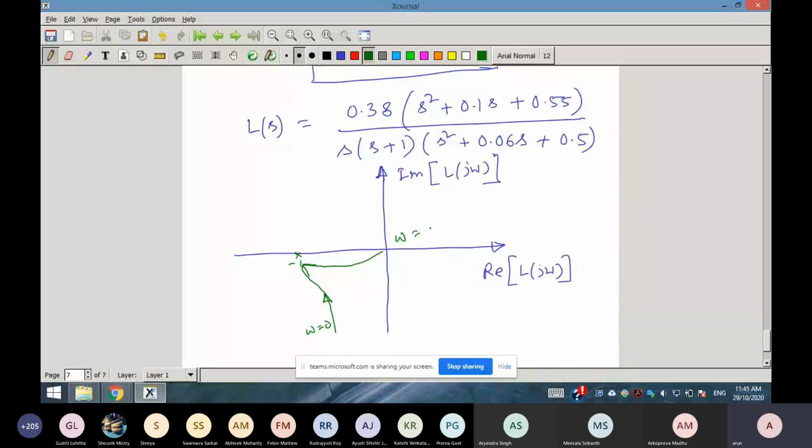So here, if you draw a unit circle, my drawing is not good. This is suppose unit circle.